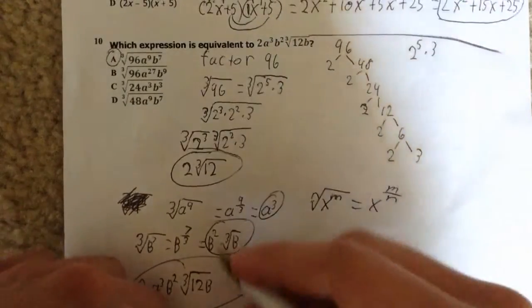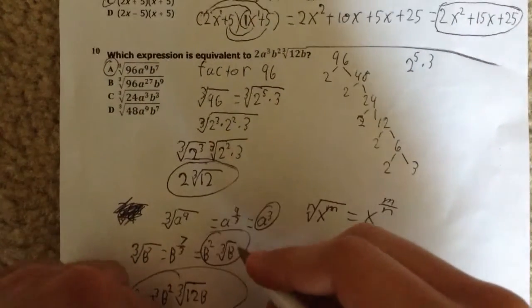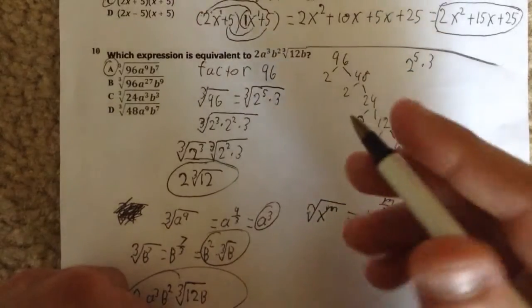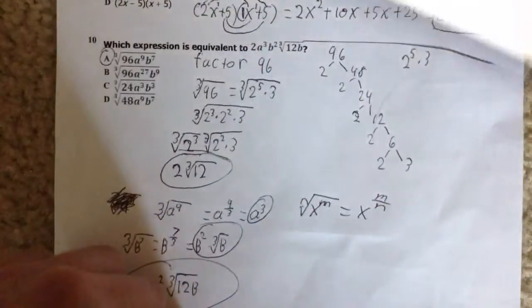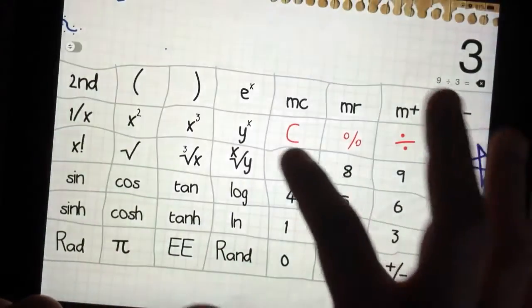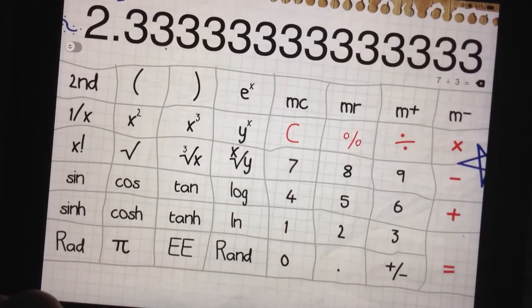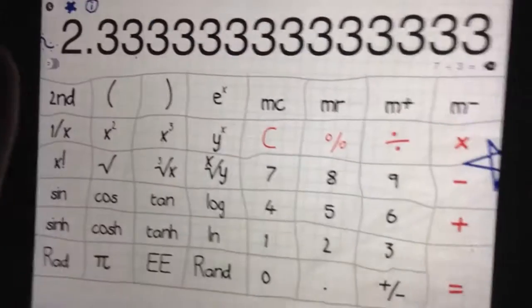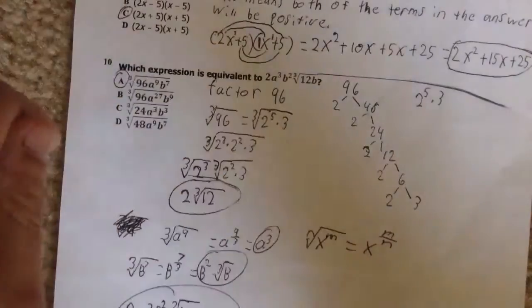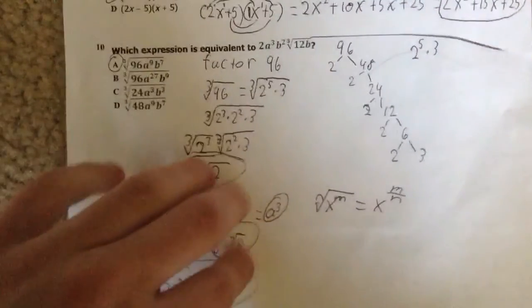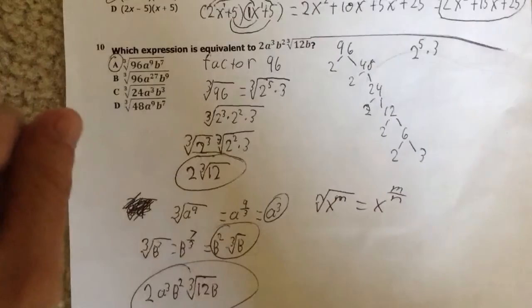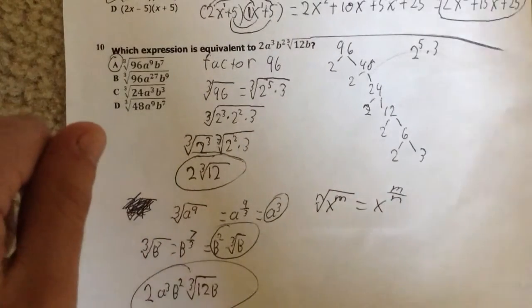So that means that some of the b will be left inside of the cube root. So 7 divided by 3 equals 2. 3 times 3 equals 6, and then you have multiplied by 3 again, you have 9.